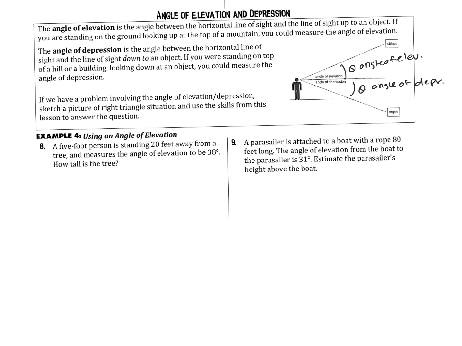A 5-foot person is standing, so 5 feet, 20 feet away from a tree, and measures the angle of elevation, so this angle from their sight line up to the top of the tree, to be 38 degrees. How tall is the tree?